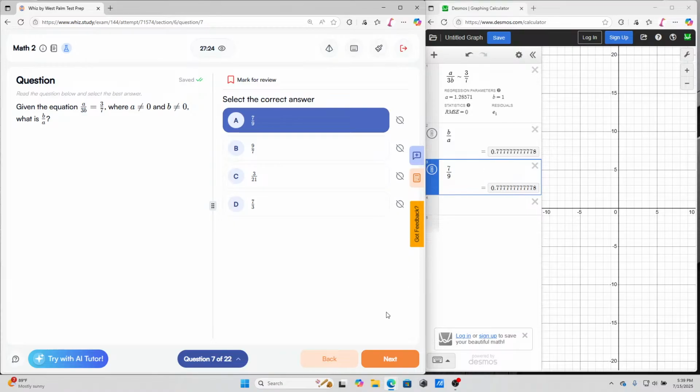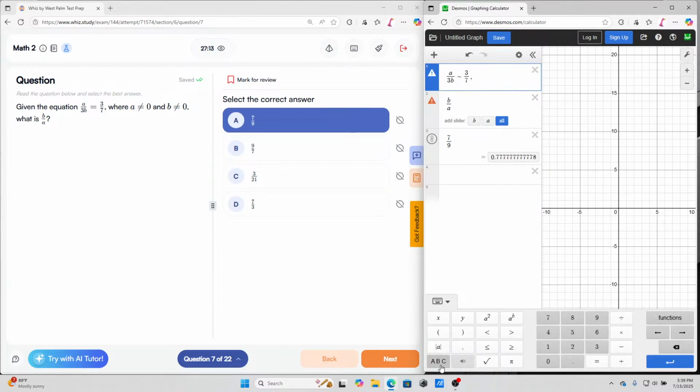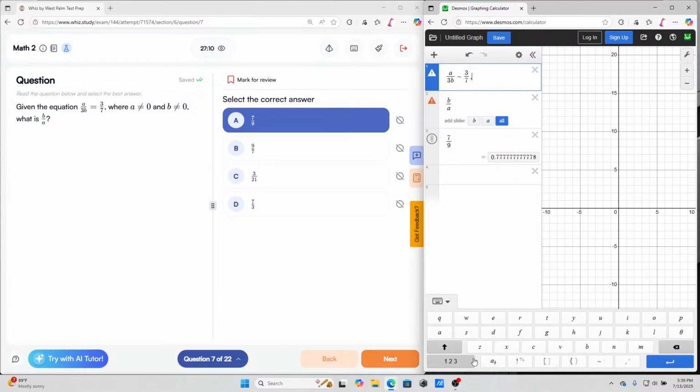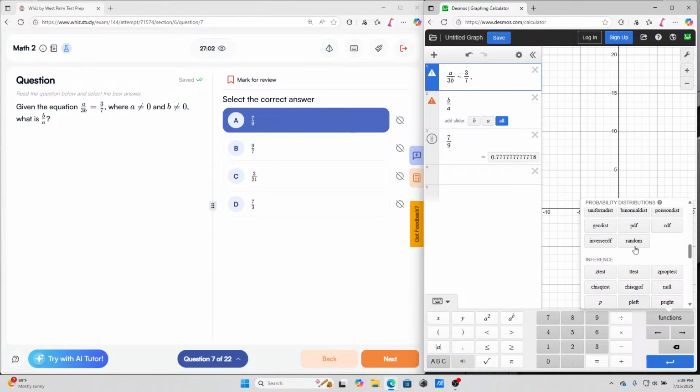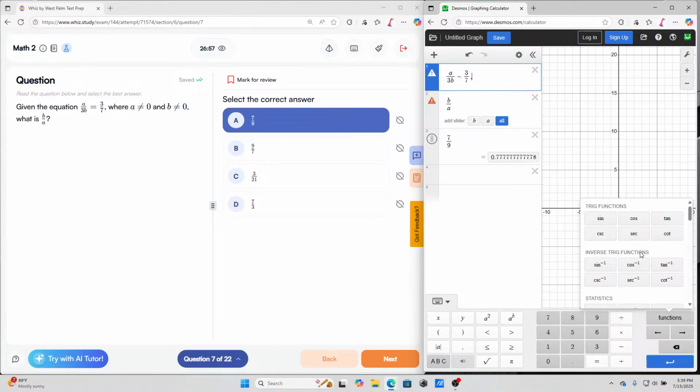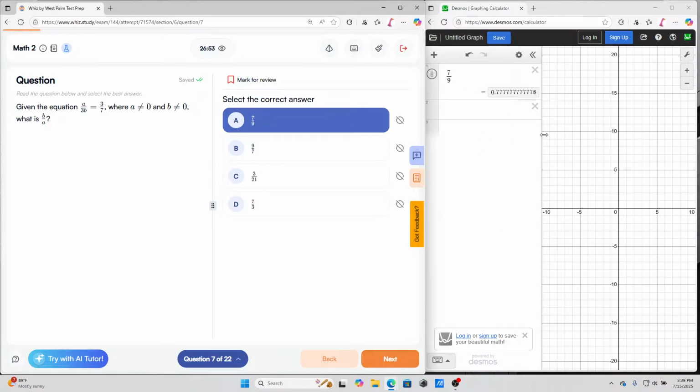Good. I'm going to go with that. How do I type a does not equal? Yeah, I don't know. Let's just pick that and move on here.